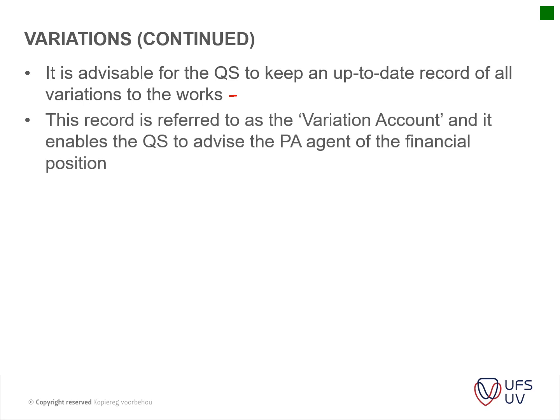Okay, this record is referred to as a variation account, and it enables the QS to advise the principal agent on the financial position. So it's basically just using the bill of quantities, measuring all additions and omissions timeously to get to an amount to say whether, yes, this change will not incur too much additional cost on the project.